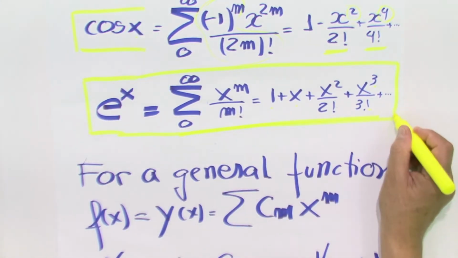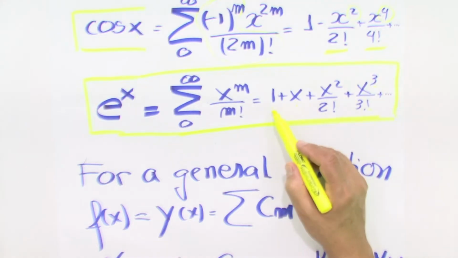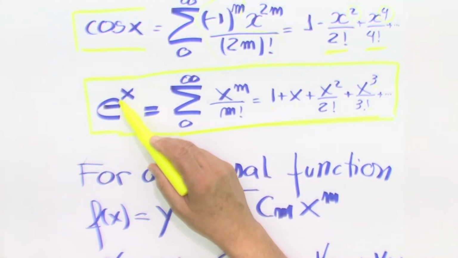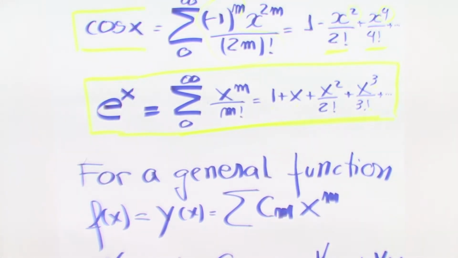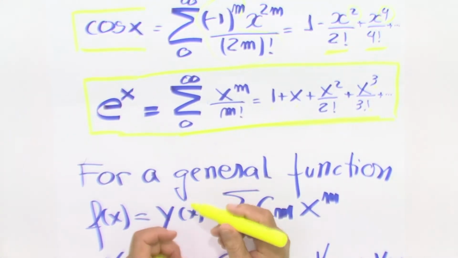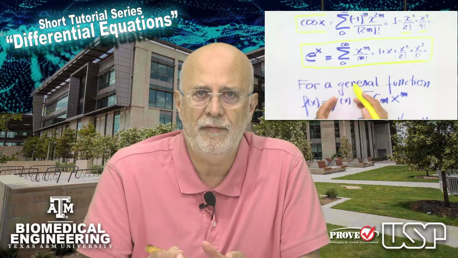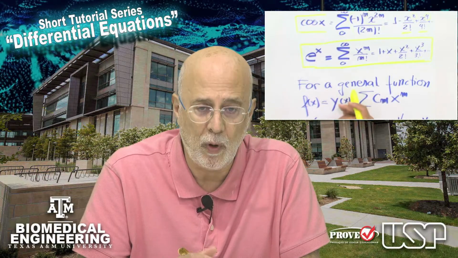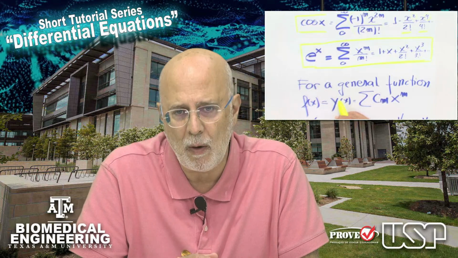And you all know that when x is small, these terms are not important, and we have the famous expression that exponential of x is 1 plus x, basically, when x is very small. Okay, so those are a few examples of well-known functions expressed in power series, right?